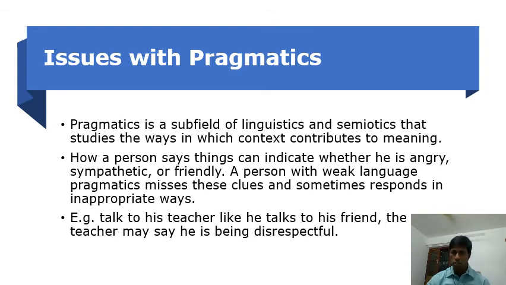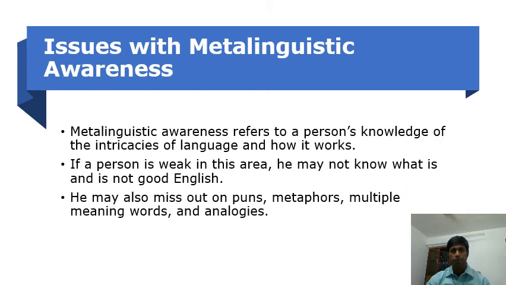Example, he talks to his teacher like he talks to his friend. The teacher may say that he is being disrespectful. So they don't get the clue of speaking. They miss several clues and signals from words and sentences. These are called issues with pragmatics.